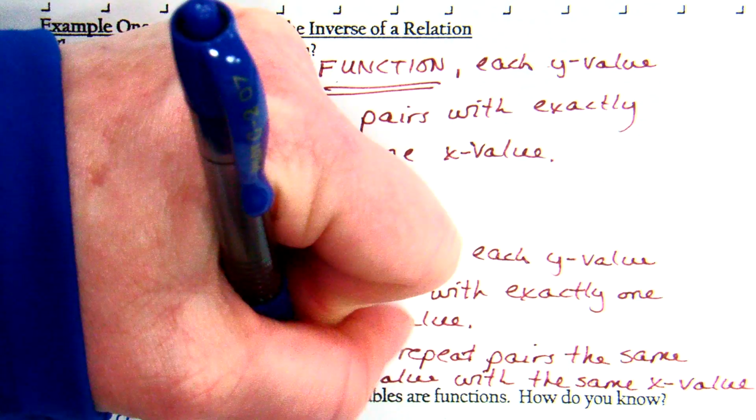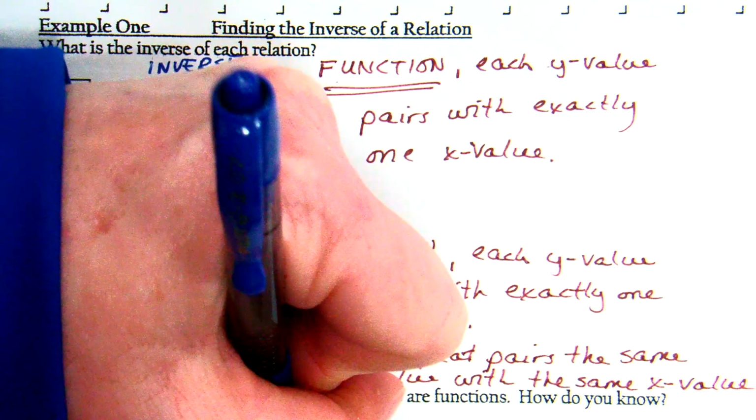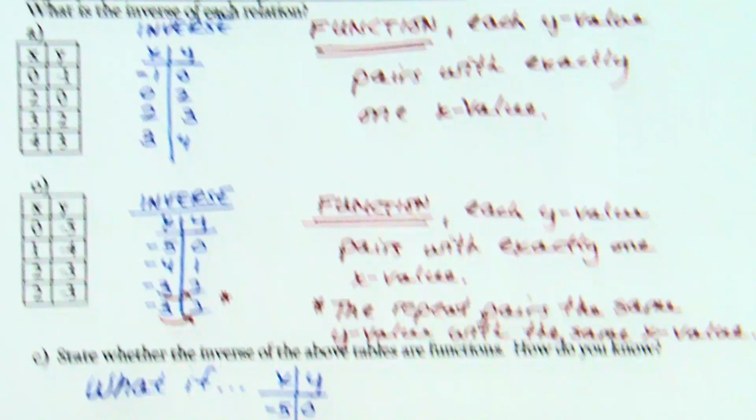What if you have the ordered pairs negative 5, 0, negative 4, 1, negative 3, 2, and negative 3, 3? You can't see what I wrote, can you?